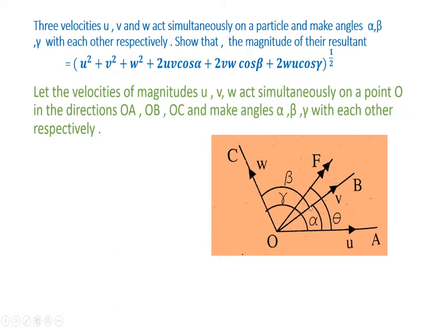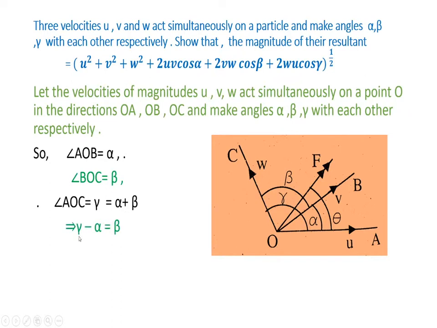So angle AOB equal to alpha, BOC equal to beta, AOC equal to gamma. So the summation alpha plus beta equal to gamma. Gamma equal to alpha plus beta. After calculating, we get gamma minus alpha equal to beta.